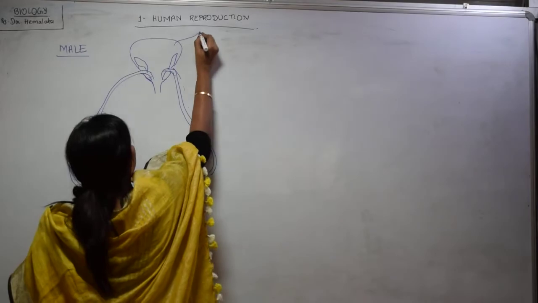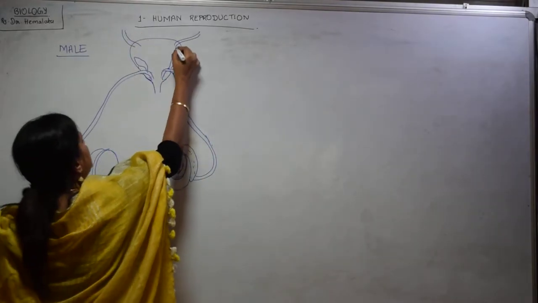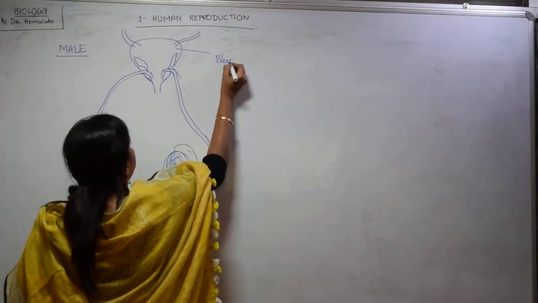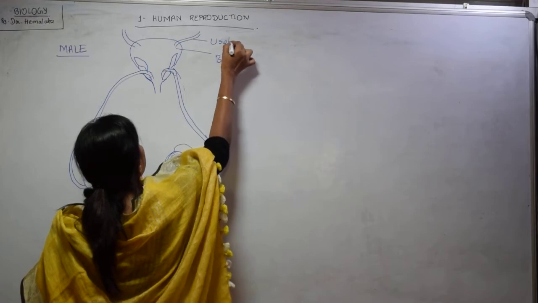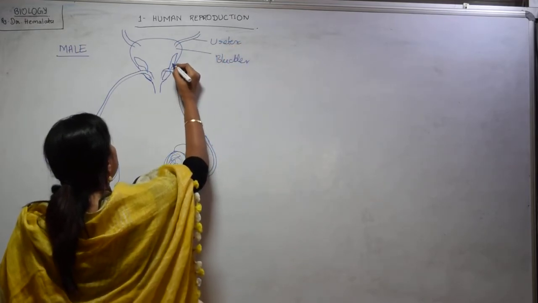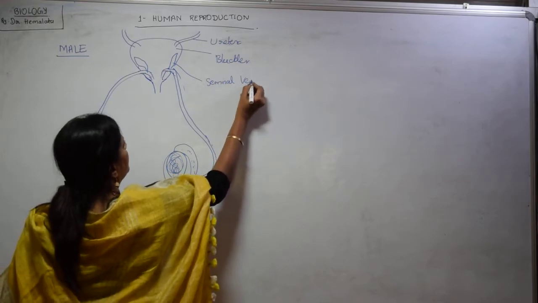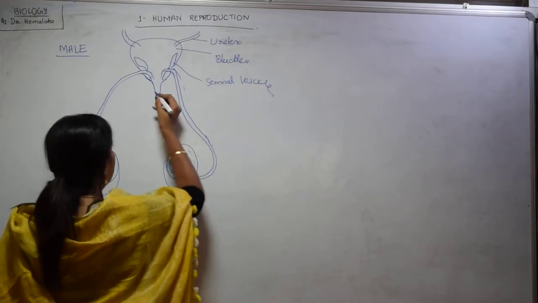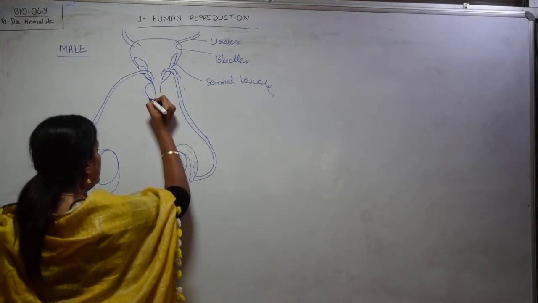This is called the ejaculatory duct. And from here we have the ureters. These are the ureters. This is the urinary bladder. This is the ureter. This is the seminal vesicle. Then we have the gland here.